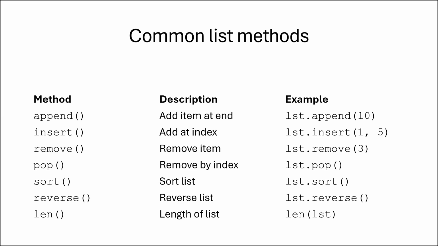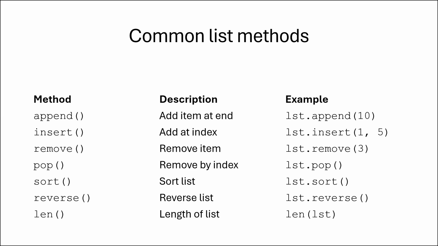If you know a particular element, that element will get removed from the list. For the remove method, you have to type the particular element within the parentheses, not its index position. Next is the pop method. The pop method will remove the element at a particular index. If you give no index in the pop parentheses, it will by default remove the last element in your list.